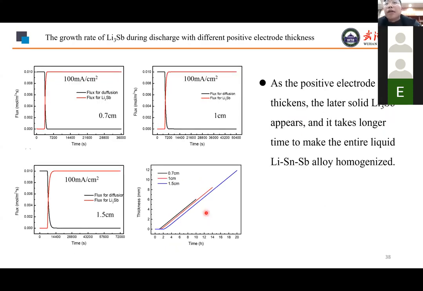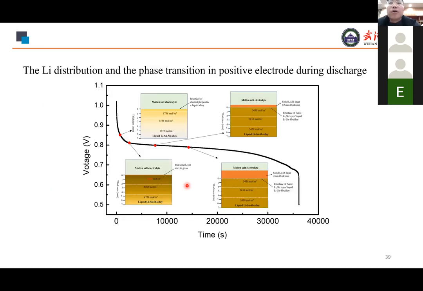And then the effect of the thickness of positive electrode on the growth of solid layer is also simulated. As the positive electrode thickens, the later the solid phase appears, but the thickness of solid layer will increase proportionally.